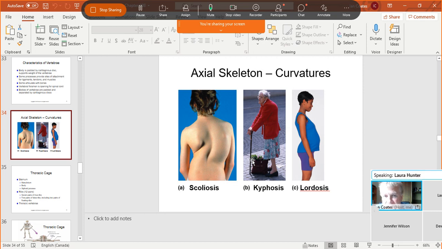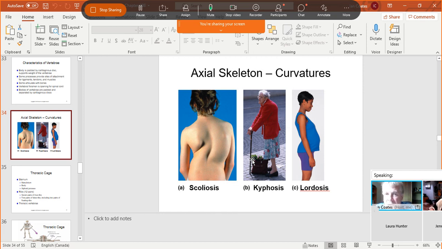Well, this is scoliosis, and from what I understand, everybody on Earth has scoliosis to some degree. There's no perfect spine, right? But when there's a bit more of a shift to the right or left, as in the individual there on the left, now you've got this curvature of the spine.